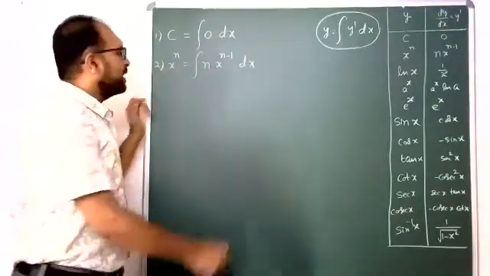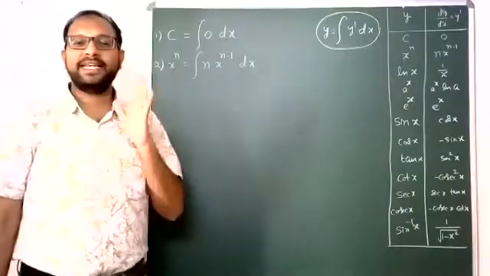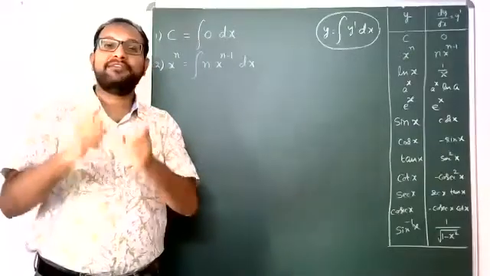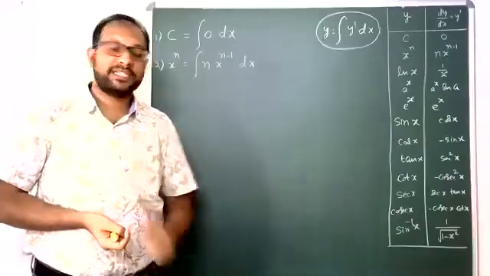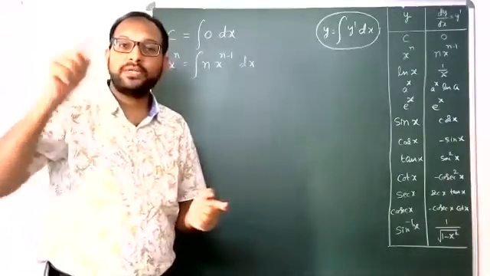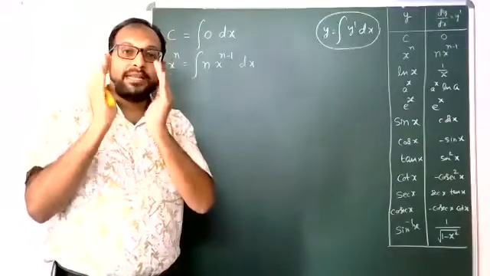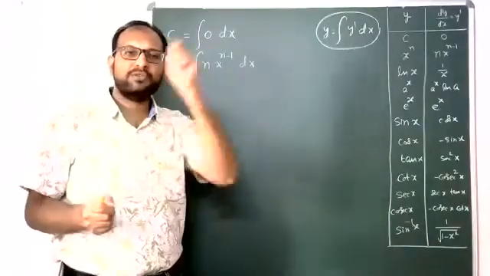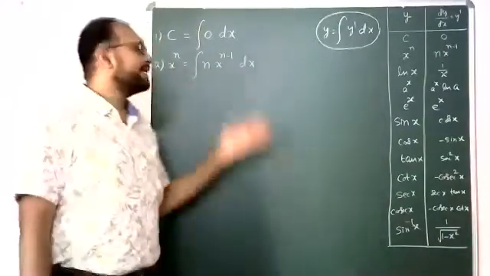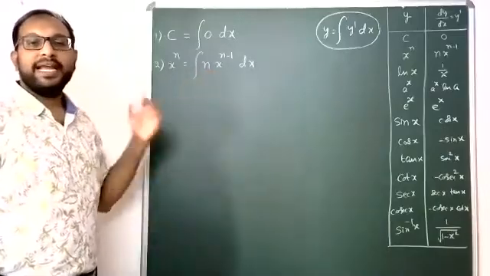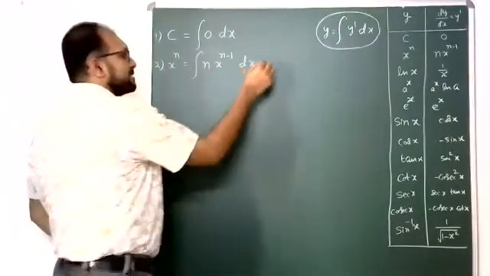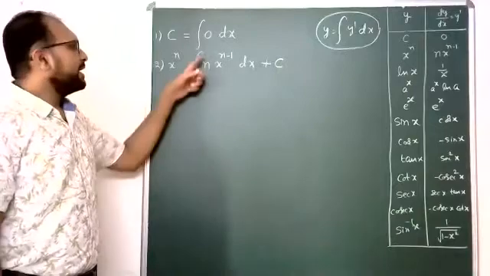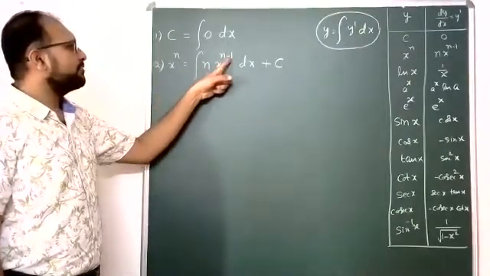But here, students, this type is an indefinite integral: if limits are not mentioned, that integration is indefinite. If limits are mentioned, like in the previous diagram where I mentioned x1 to x2, that is a definite integration, meaning from one particular place to another. Otherwise it is indefinite integration. So in any indefinite integration you need to write plus some constant. Y means integral n into x to the power of n minus 1 dx.